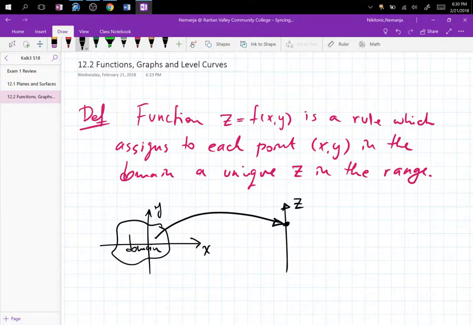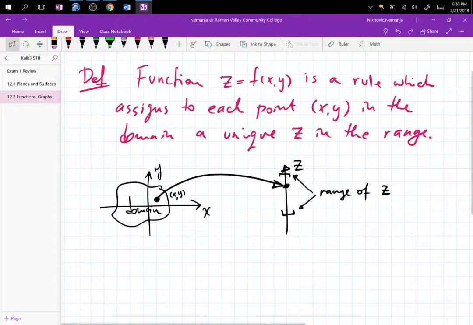And this is the range of z. So a point x y is going to give the image. So you have a two-dimensional input which provides one-dimensional output.